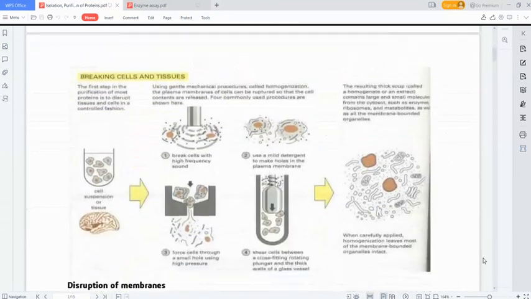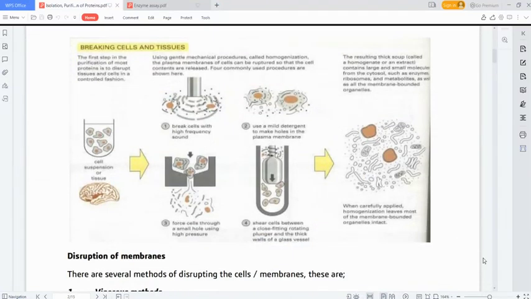And then what we have here is a little diagram showing us what happens during breaking of the cell or the tissue. For instance, you see the piece of tissue that is in solution. The first thing you do is you use any method, either gentle mechanical procedures, something like a homogenizer.